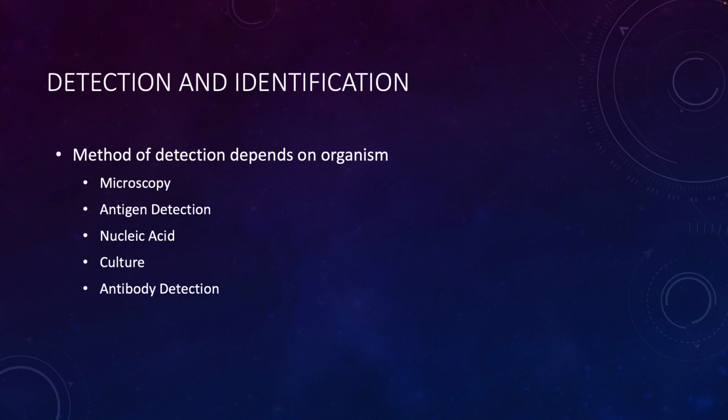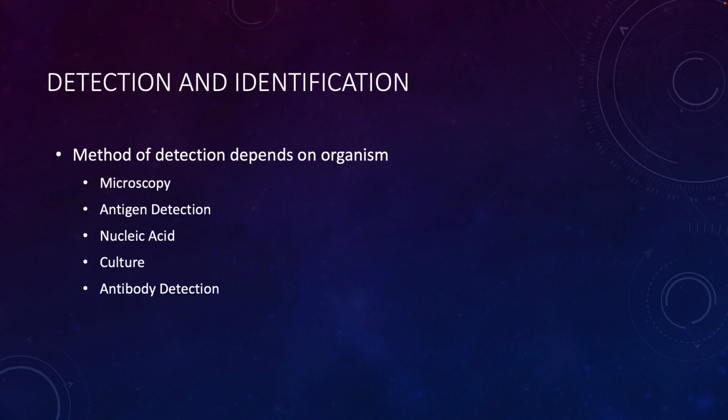The detection and the identification of the organism, again, depend on the organism. You may do microscopy or antigen detection or nucleic acid detection. When we're talking about standard bacteria that grow on a plate, we often just turn to culture. That's one of the easiest and least expensive ways to detect and identify an organism.